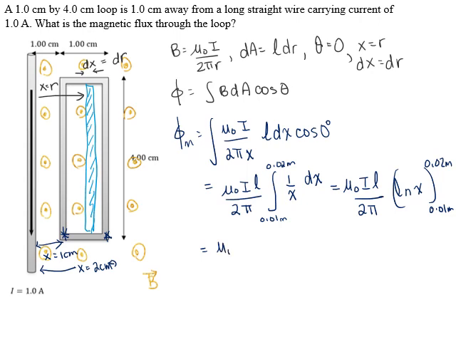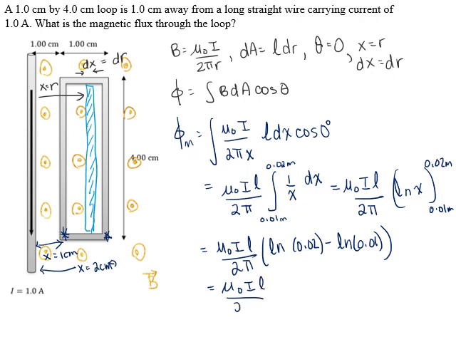So I get mu naught times I times L over 2 pi times the natural log of 0.02, subtract the natural log of 0.01. When you subtract logs, you're allowed to divide the argument. Mu naught I L over 2 pi times the natural log of 0.02 divided by 0.01. Okay, from here, it's just a straight up plug and chug.